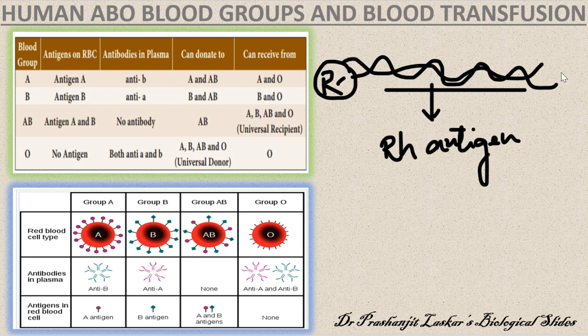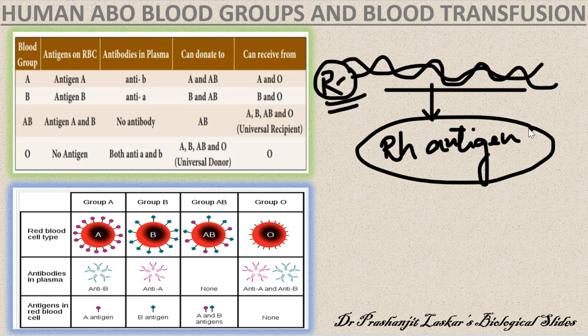Gene means specific DNA segments, and it is represented as capital R, and that particular segment is responsible for the production of this Rh antigen.